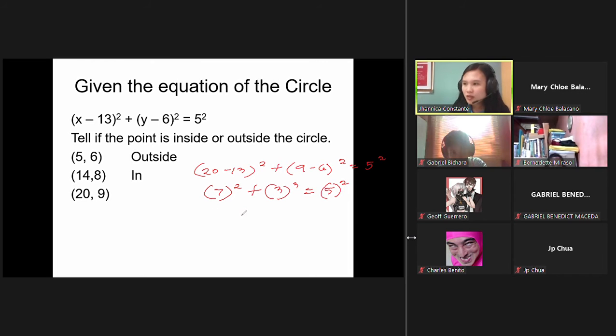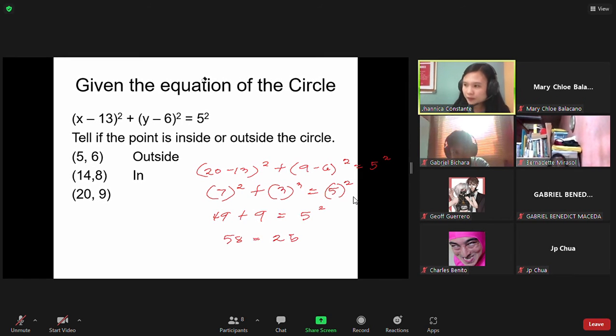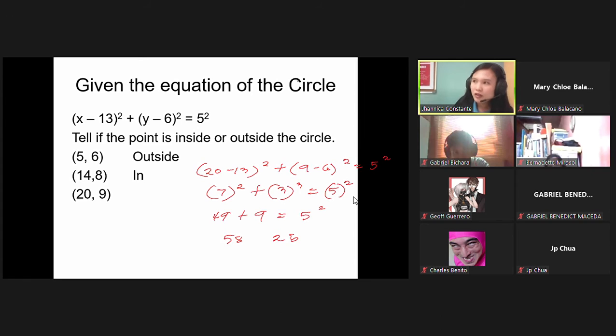So 7 squared is equal to 49 plus 9 equals to 5 squared. So 49 plus 9, which is equal to 58, or the symbol of inequality, and the number that we have is greater than. Since it's greater than, that means this point with a coordinate of 20 and positive 9 is outside of the circle.